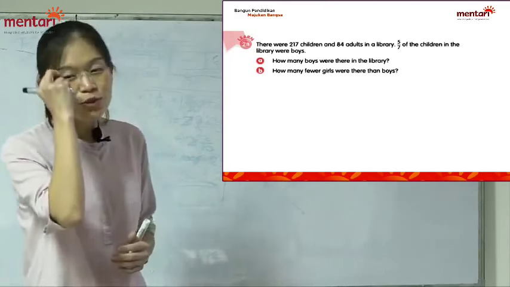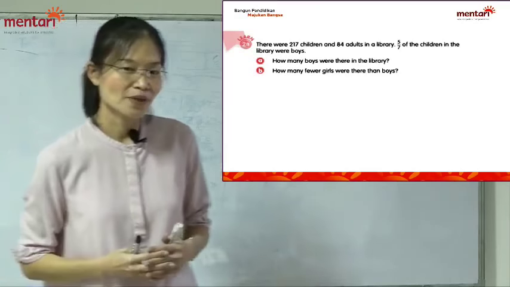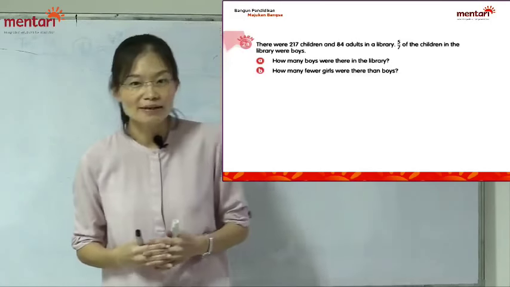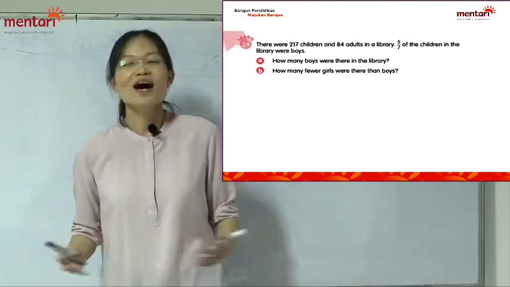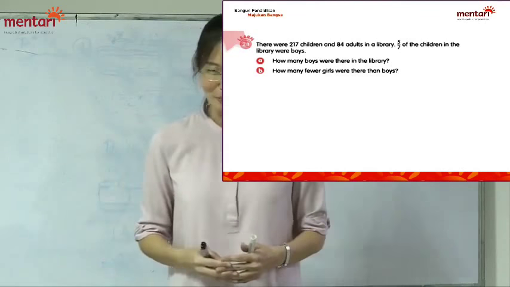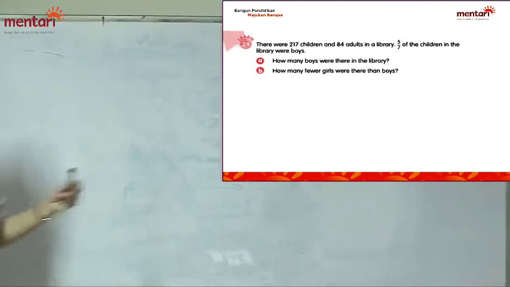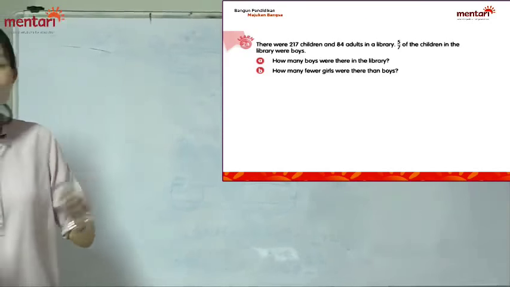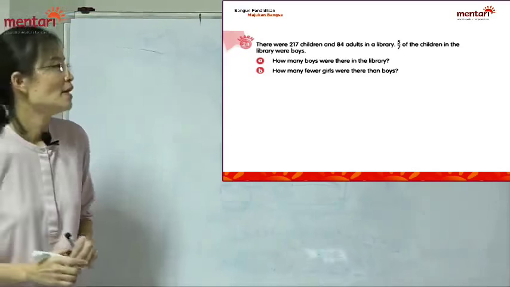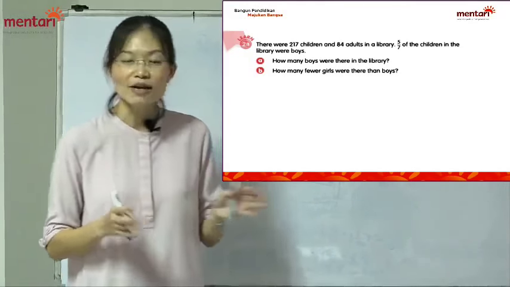Now, what is the next step? The next step is plan. How do I solve the problem? Of course, we are going to use a bar model. So let's find out together. Remember, bar models are rectangles to represent quantity. Now here we have children and we have adults.